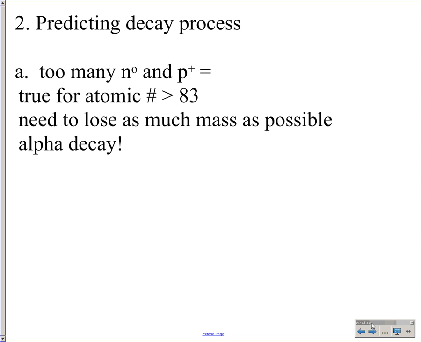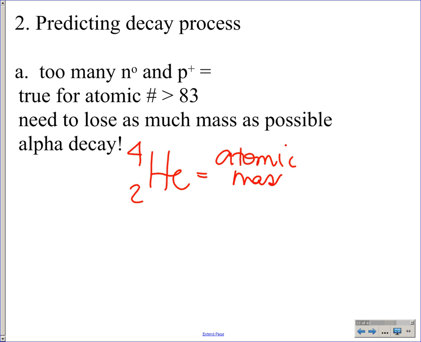Well, that is alpha particles being emitted. So that means you want to get rid of 4 AMUs, or atomic mass units, being 2 protons and 2 neutrons at the same time, and that's the fastest way to get to a stable nucleus, which is alpha decay.